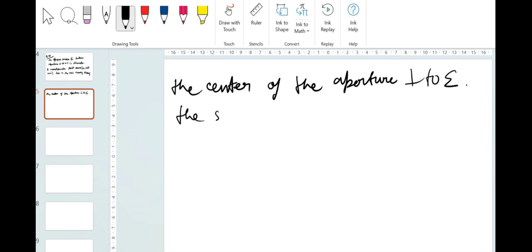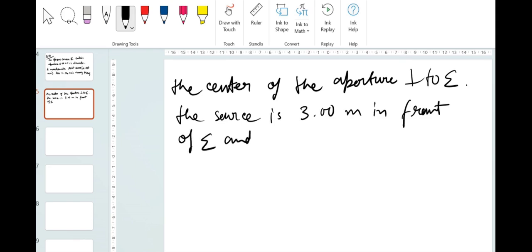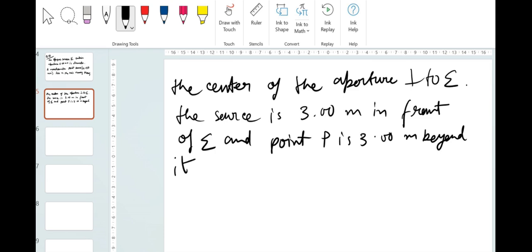The source is 3 meter in front of sigma and point P is 3 meter beyond it, on the central axis.